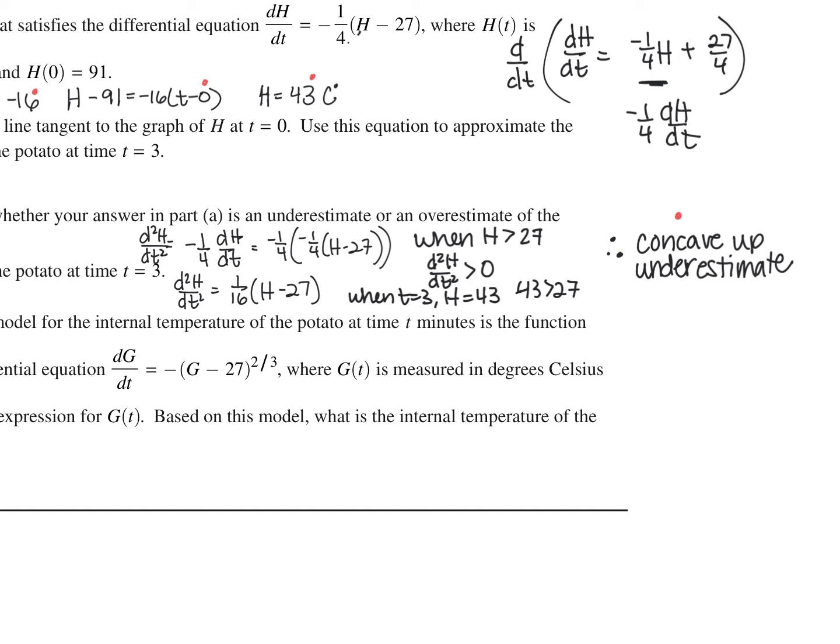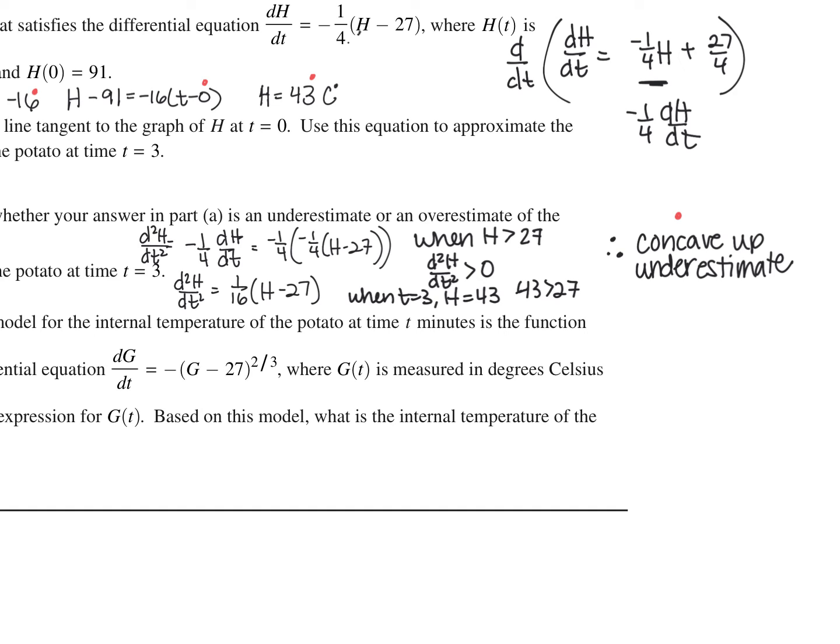And then for all of it, we're relating t equals 3. So could you have gone up and found, from part A, that the derivative at t equals 3 is equal to negative 16, and just plugged that negative 16 in and gotten a positive number? Yep, great question.